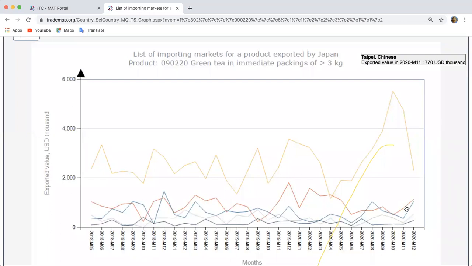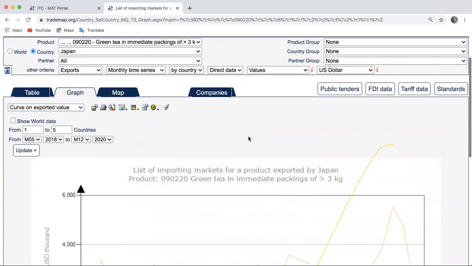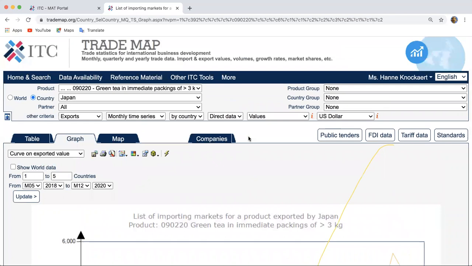Whereas in the winter months, the European market is more supplied by Peru and Mexico, so they take over this market share when the European countries cannot supply themselves. So it shows up in these seasonal time series.